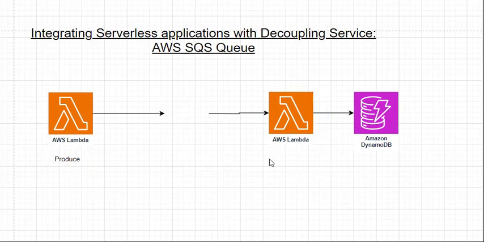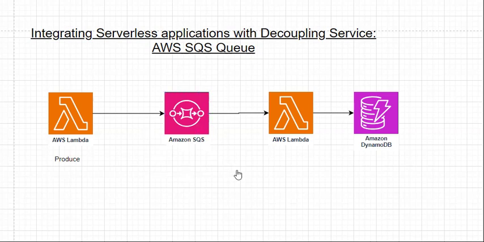I'm expecting a decoupling service like that in Amazon. During that time, I noticed a service. What is that? Amazon SQS Queue. By using this Amazon SQS Queue, we can fulfill our needs.